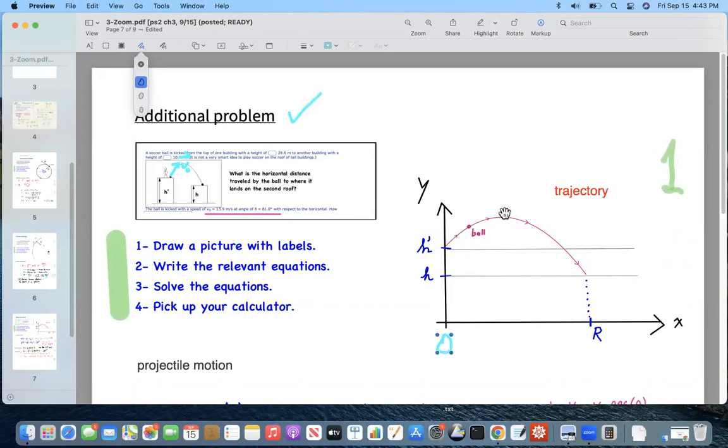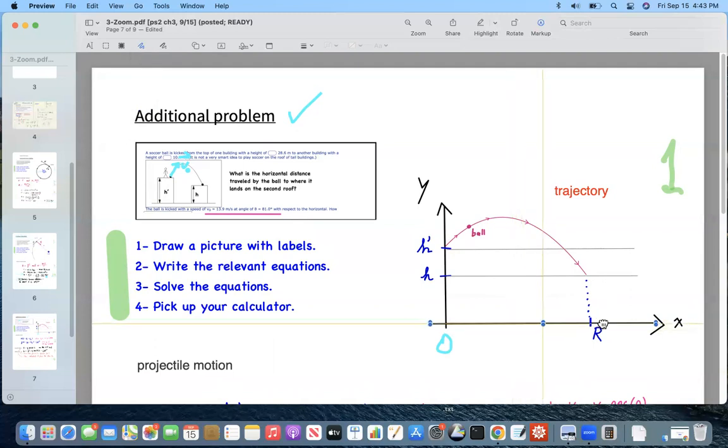Then it follows a parabolic trajectory after it's been kicked. And it lands on the other roof. So it lands at Y equals H. That's given. And what you want to calculate is how far. What are we trying to calculate? What's the horizontal distance traveled?